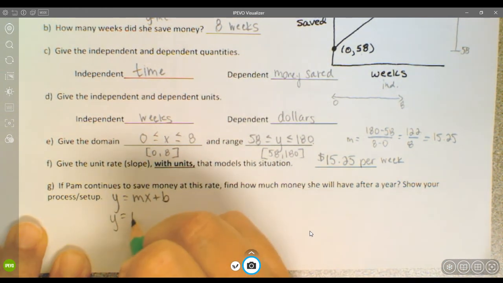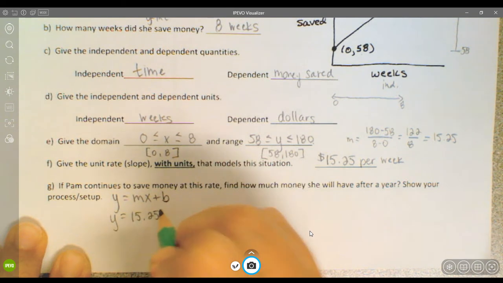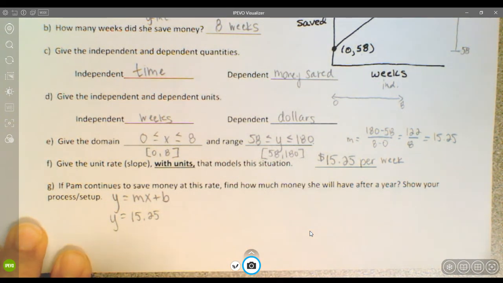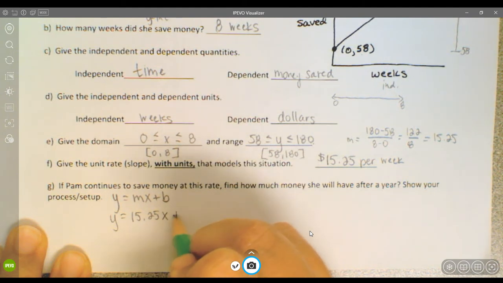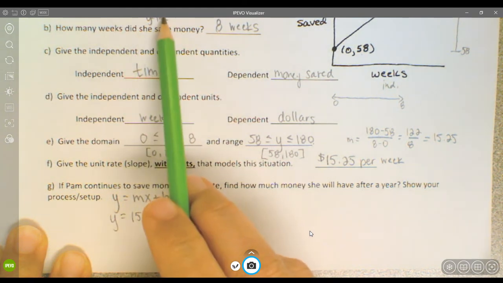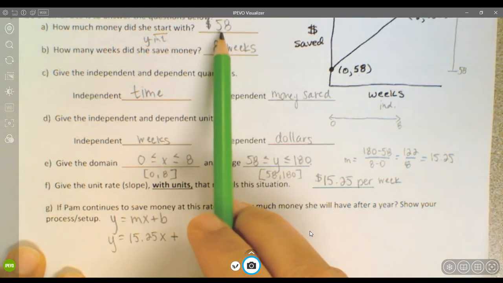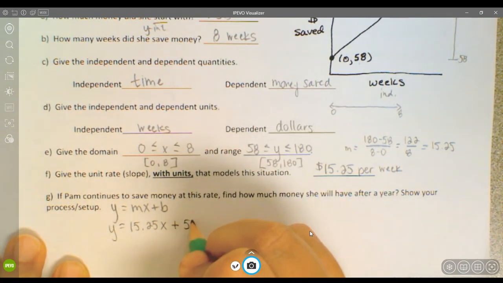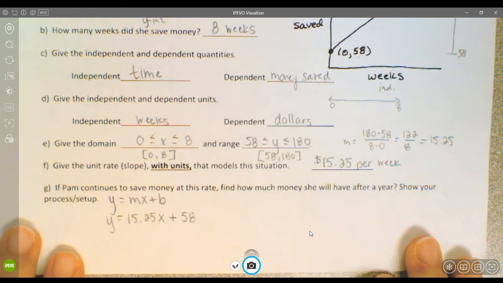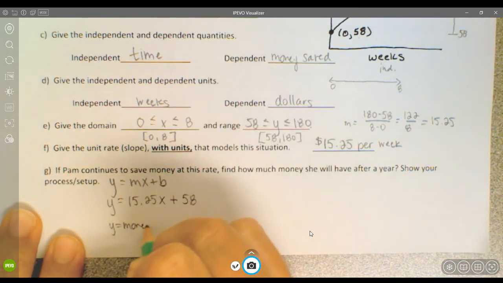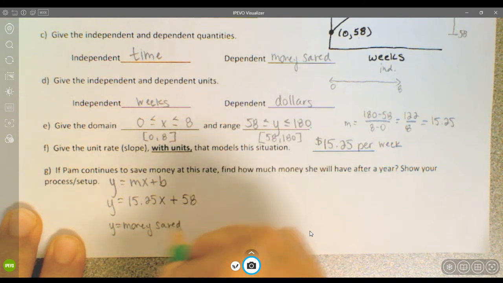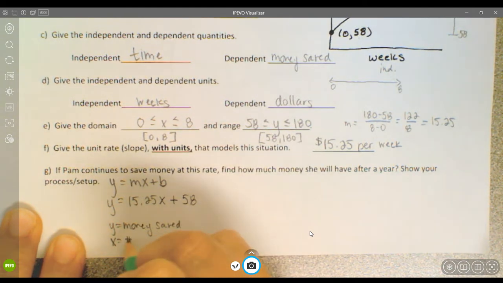I know my slope is $15.25 per week. I don't know the week, so we call it x. My y-intercept was my start value. Oh, that's right here. She started with $58. So there's my equation. y is the money, and x is the number of weeks.